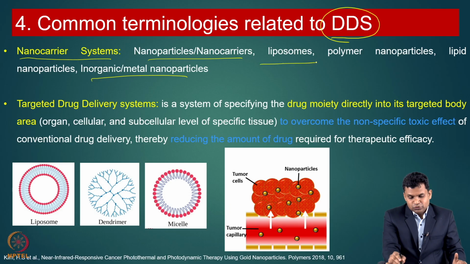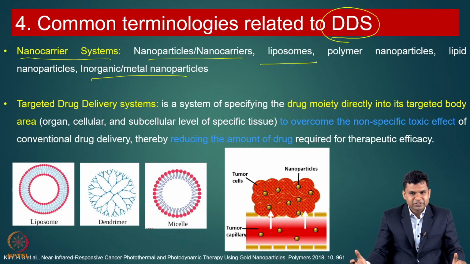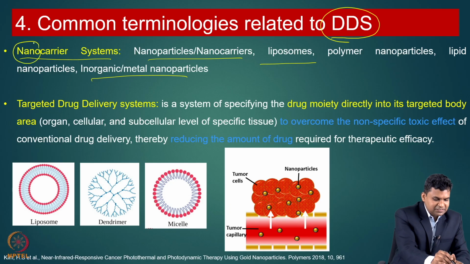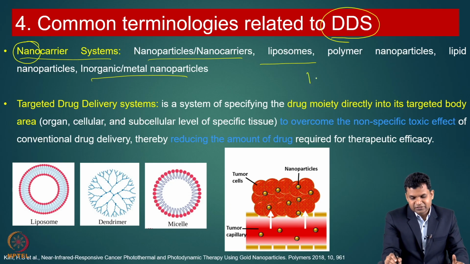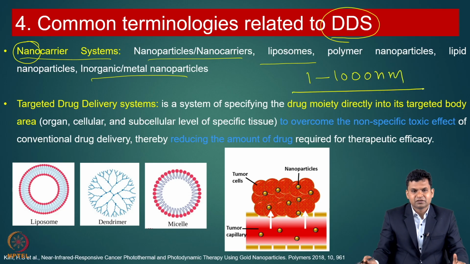We can also use liposomes and other lipid formulations like solid lipid nanoparticles, and various types of vesicular systems in nanocarrier systems. The term itself suggests that the theoretical size range is 1 to 1000 nanometer, which are called nanocarrier systems.